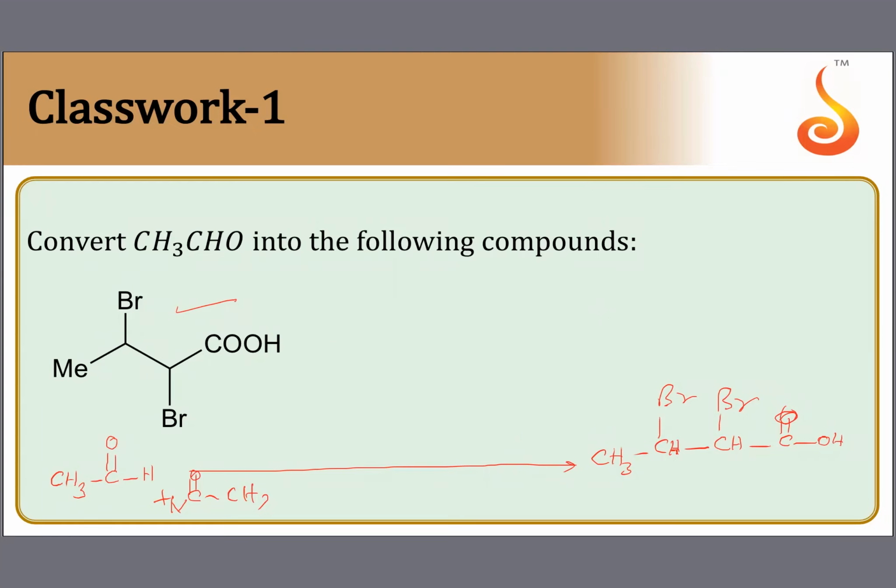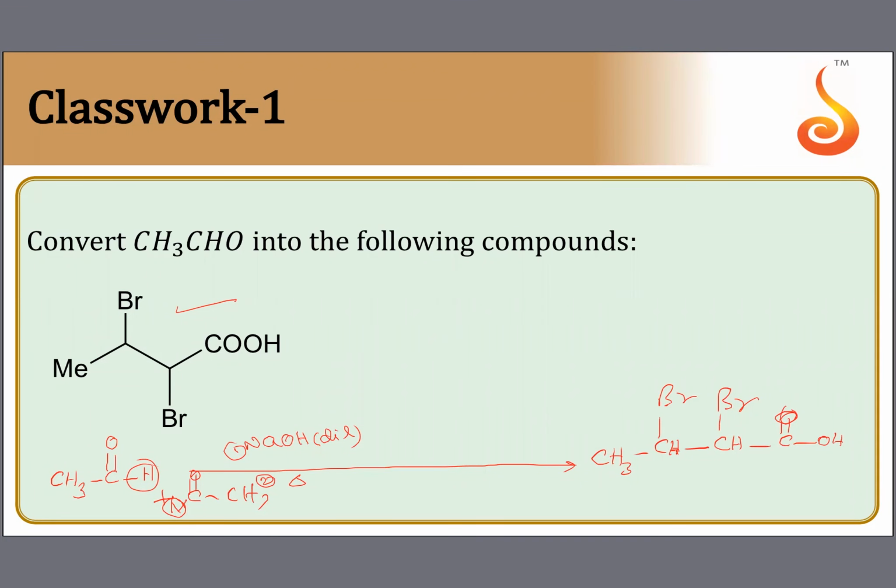How can we combine 2 carbons of 2 aldehydes? We know aldol condensation. So when it is subjected to aldol condensation by treating with dilute sodium hydroxide, followed by heating, via aldol, 2 carbons get combined with each other.